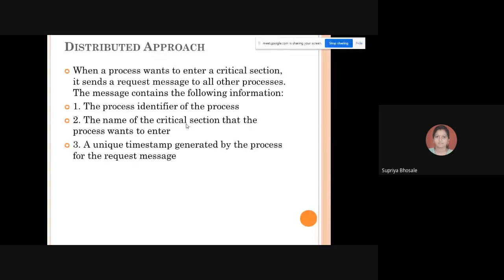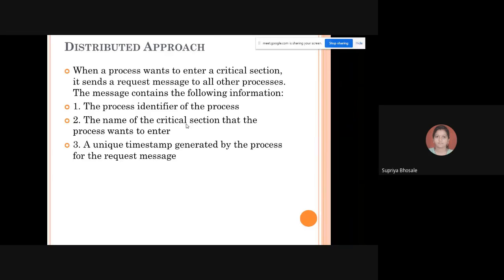Next, coming to the distributed approach. Centralized च्या केस मध्ये आपण ड्रॉबॅक्स काय सांगू शकतो? But still here in this algorithm we can say that the possibility of mutual exclusion is there. Why? Because at a time the coordinator will allow only one process to enter into the critical section.